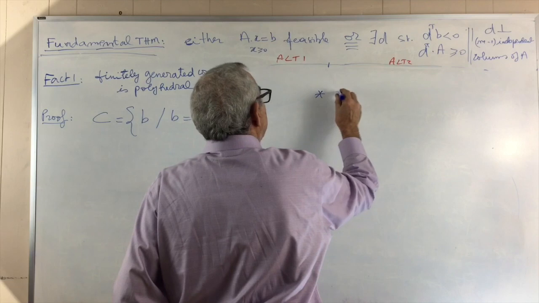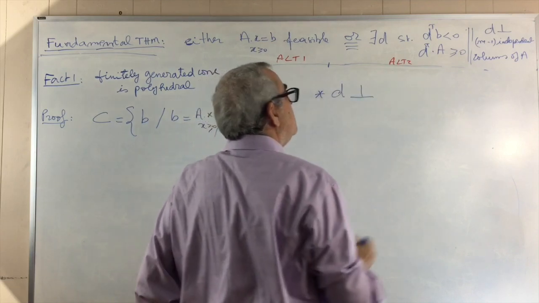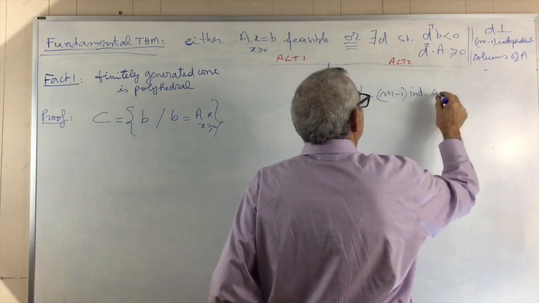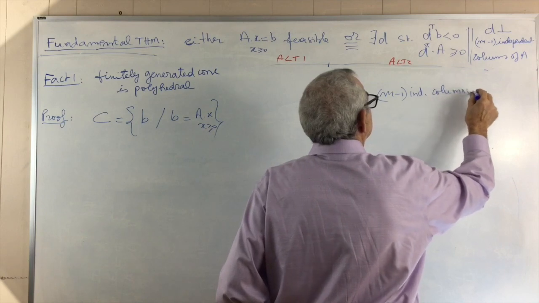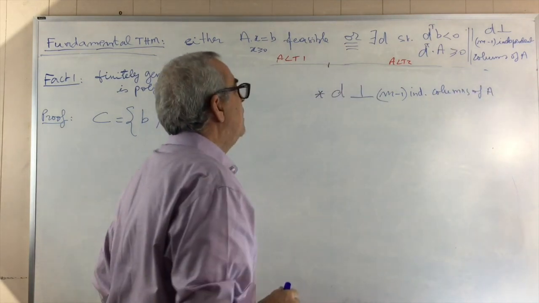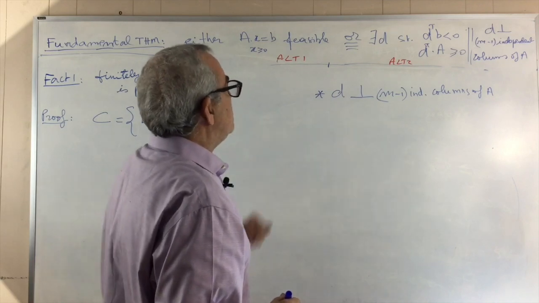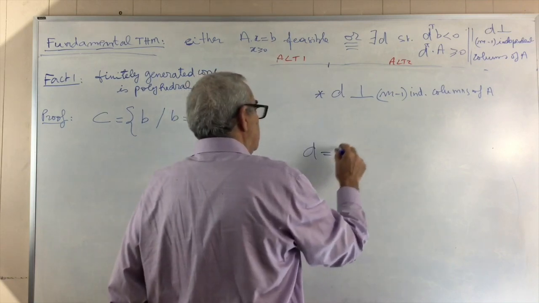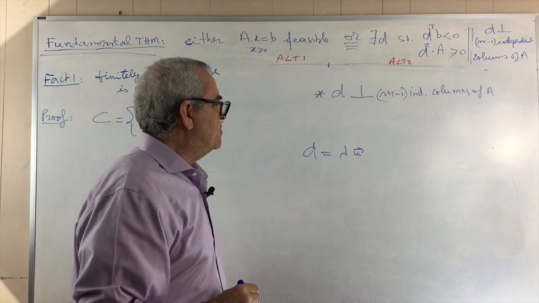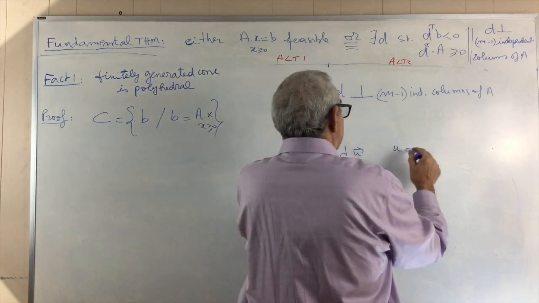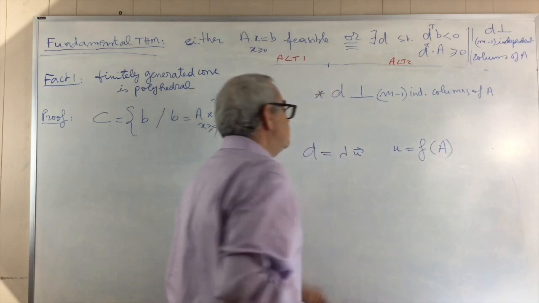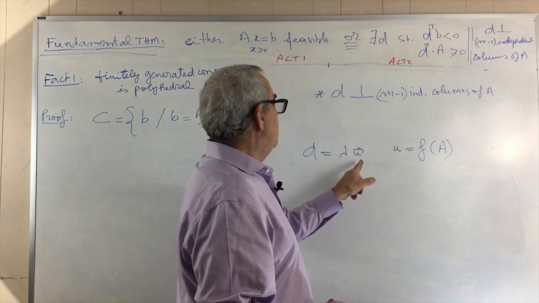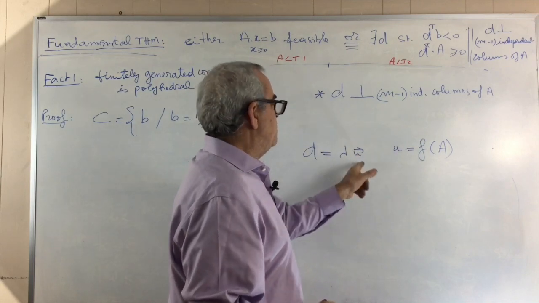So there we have d perpendicular to m minus 1 independent columns of A, and everything is in R^m. So d belongs to a space, so d is just lambda times some fixed vector u, where u is a function of the matrix A. If you choose m-1 independent columns, there is only one u like that, u or minus u, either way.